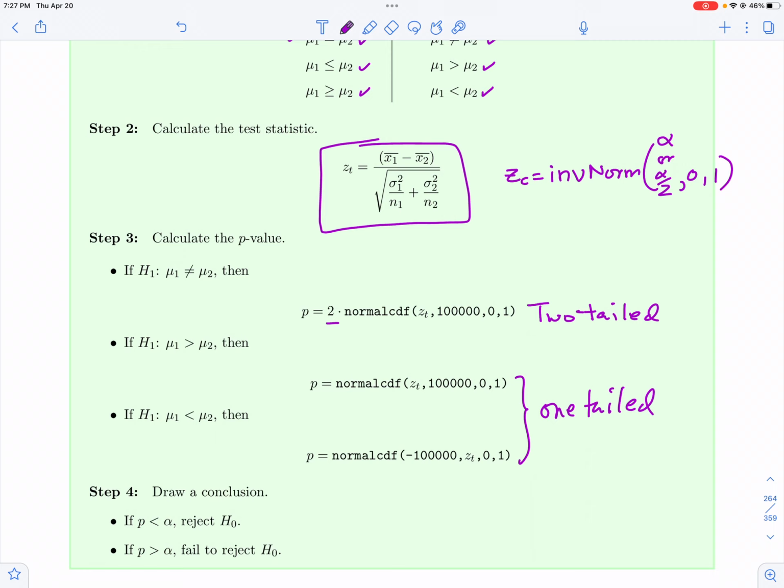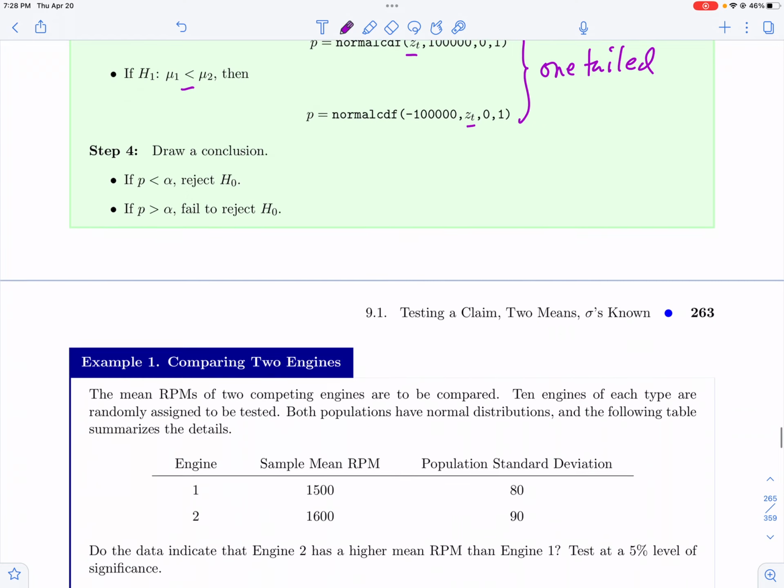For our greater than, our z sub t is our lower bound. For our less than, our z sub t is our upper bound. Finally, step 4 is the same as pretty much every hypothesis test we've done up to this point. If p is less than alpha, we reject H naught. If p is greater than alpha, we fail to reject H naught. All right, let's dive in and look at an example.